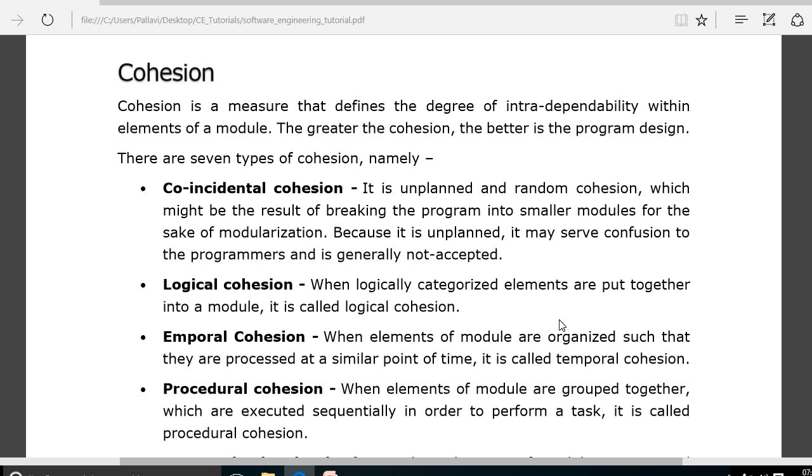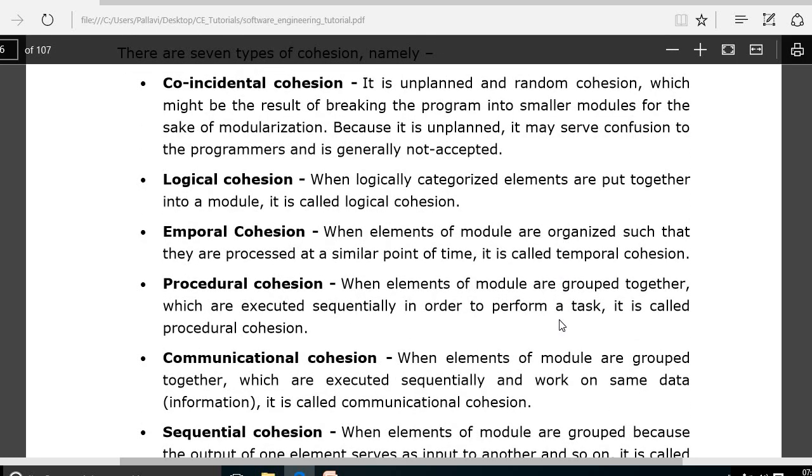Next, logical cohesion. When logically categorized elements are put together into a module, it is called logical cohesion. Next, temporal cohesion. When elements of a module are organized such that they are processed at a similar point of time, it is known as temporal cohesion. Next, procedural cohesion.